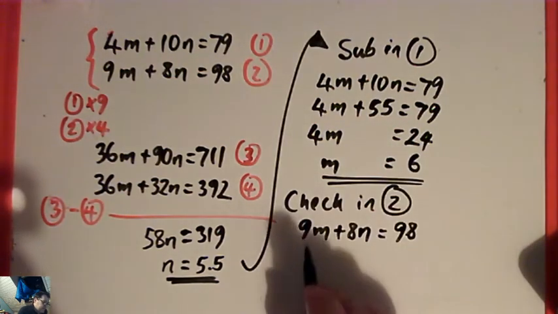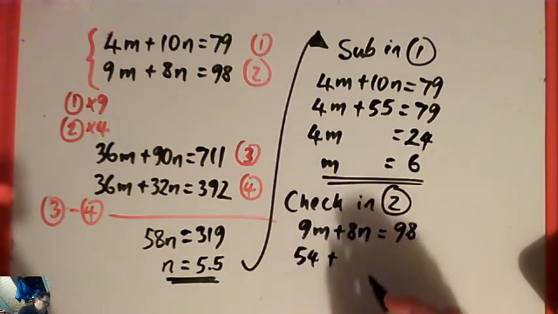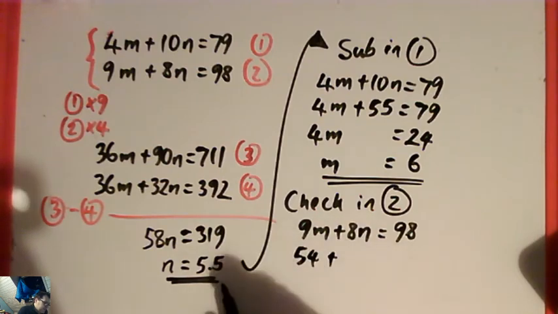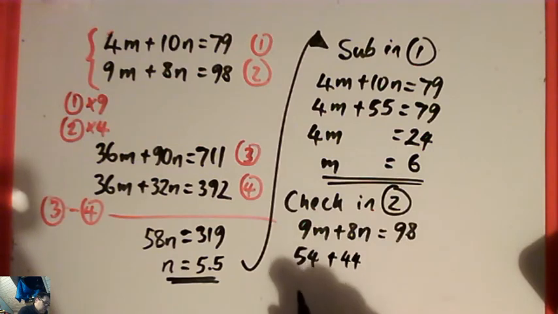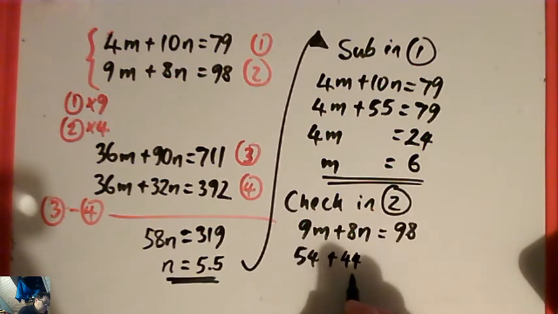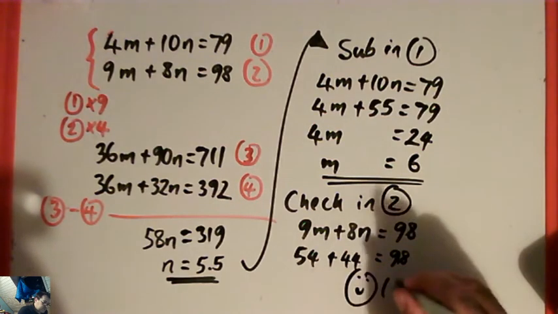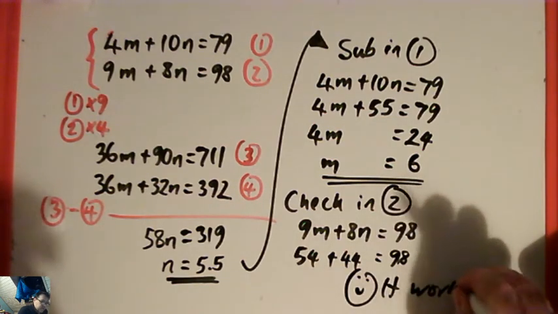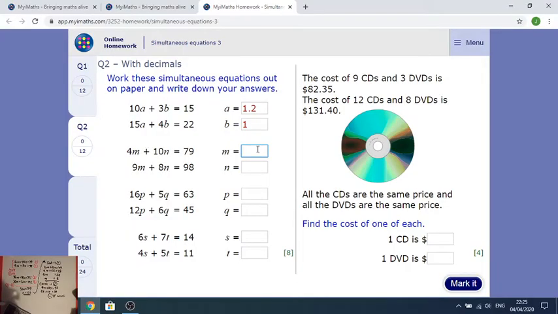So that becomes 9 times 6, 54, plus 8 times 5.5 is 44. 54 plus 44 does equal 98. So we know we've got it right. So over to the iMath screen now, and we'll fill in 6 and 5.5 and go on to the next question.